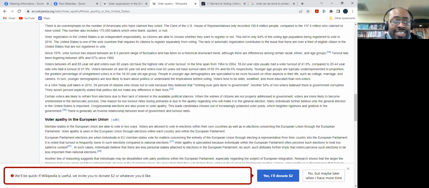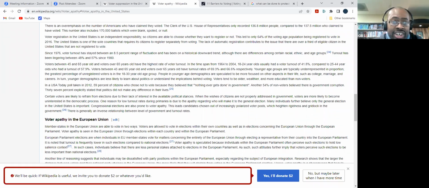Voters between 45 and 65 years of age and those over the age of 65 had a turnout rate of 69.3% and 66.6%, respectively. Younger age groups are typically underrepresented in proportion. The greatest percentage of unregistered voters are between the ages of 18 and 30.